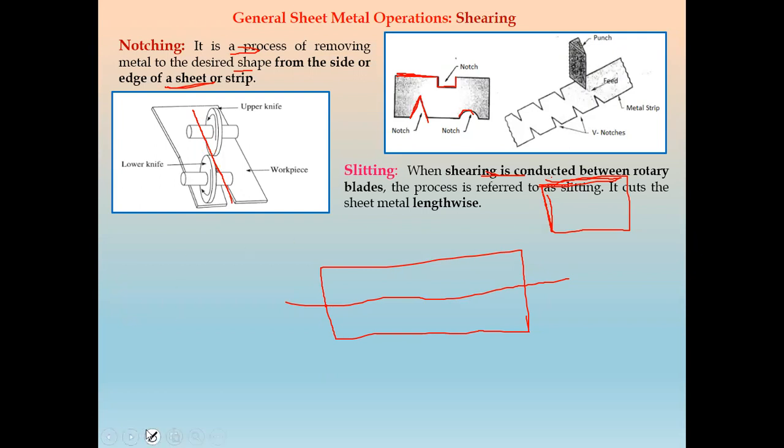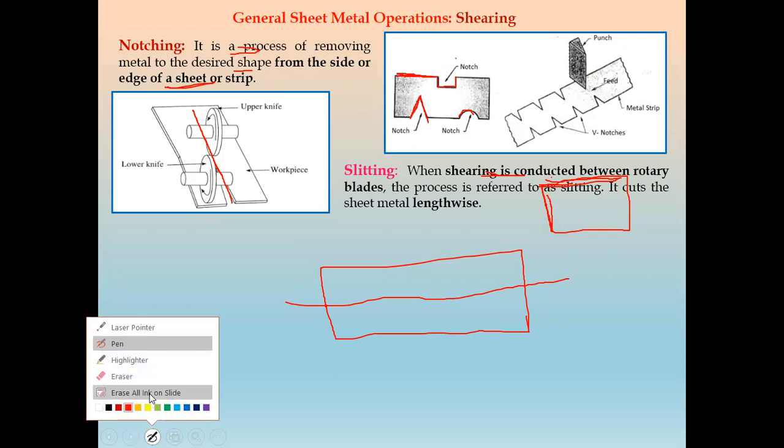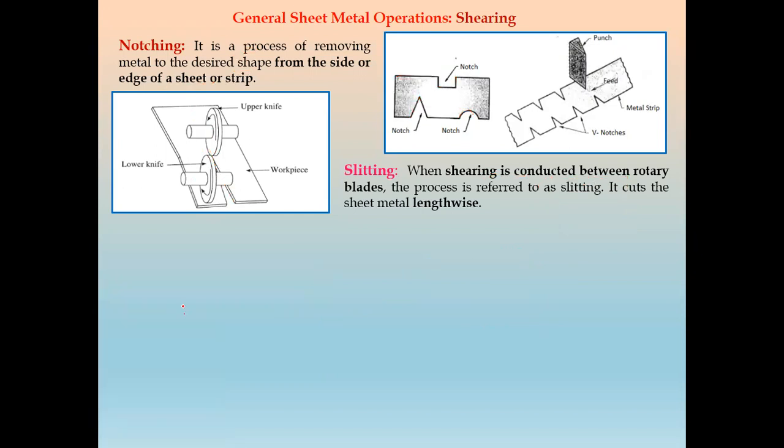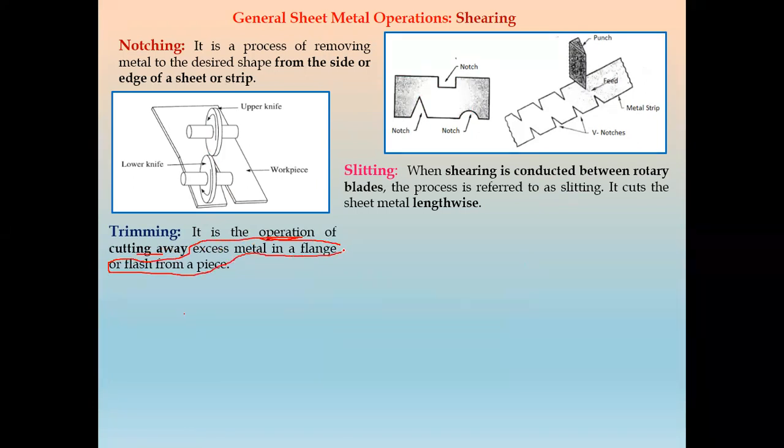Okay. Now we have the next operation, that is trimming. Trimming is the operation of cutting away excess metal of flange or flash from the seam. Now here we have excess material.